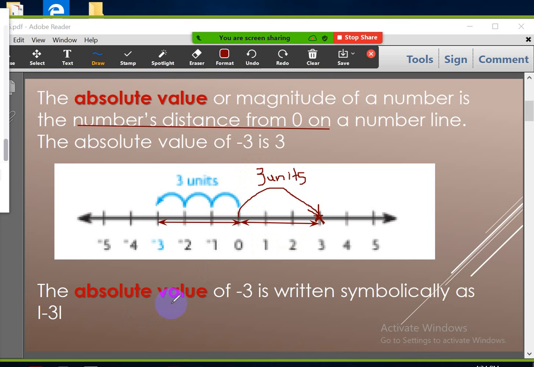So how do I write the absolute value of negative 3? There is a symbol that represents the absolute value.